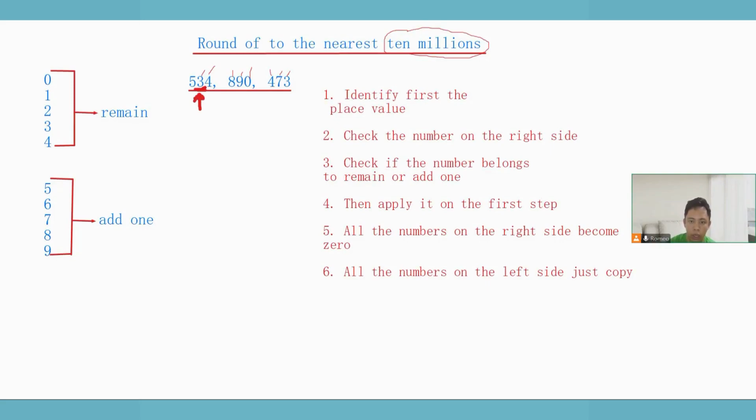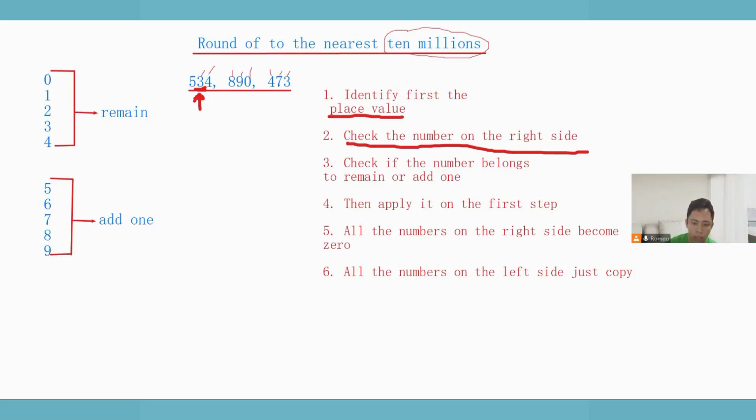As you can see here, I listed the possible steps in rounding off. We're done with the first step, identifying the place value: the place value of 3 is the 10 millions. Now we're going to check the number on the right side.